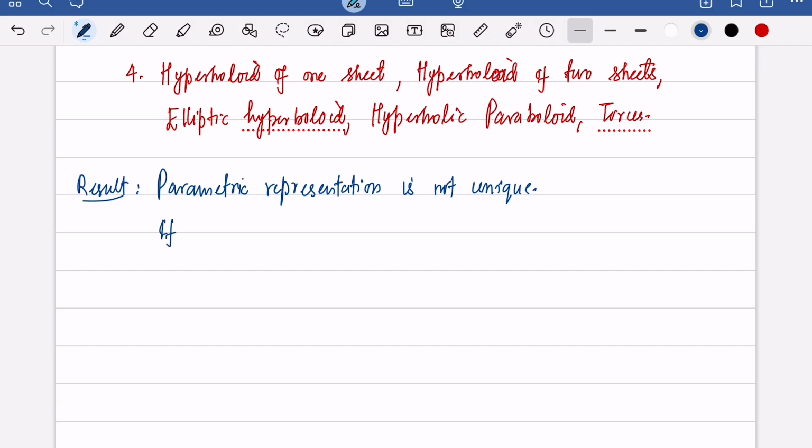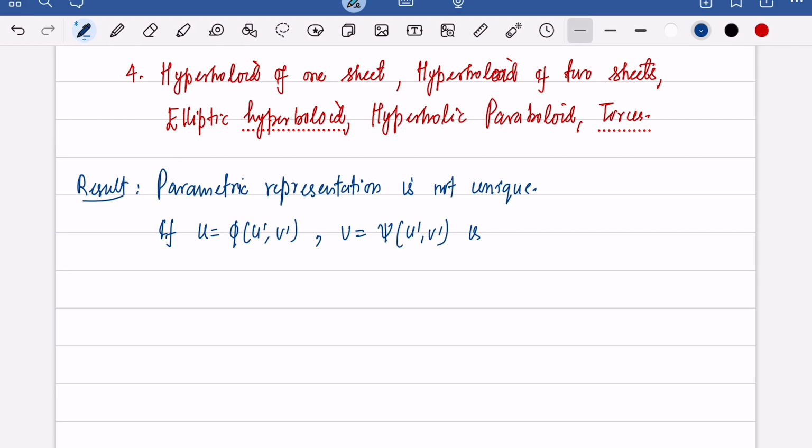Suppose we have u is equal to phi of u dash, v dash, a transformation of the parameter u into new variables u dash, v dash, and similarly v is transformed by a function psi of u dash, v dash.